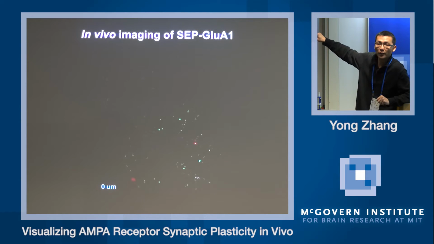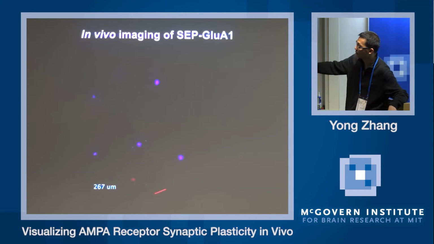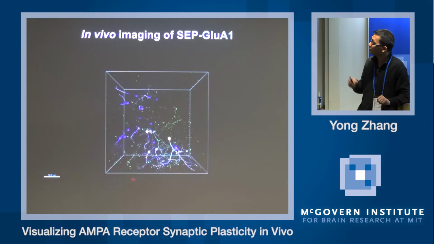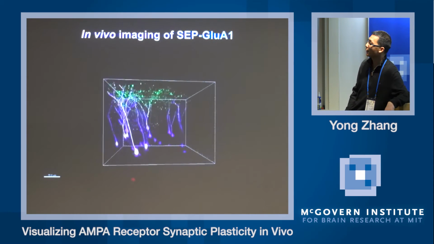The green signal is from SEP-GluA1, and the magenta signal is from DsRed2. As we go deeper, we can detect decent signal from both channels, and we can see all the neuronal processes converge to the cell body. This is about 250 some microns deep into the brain surface. And here I'm showing you a 3D rendering of the previous Z-stack.